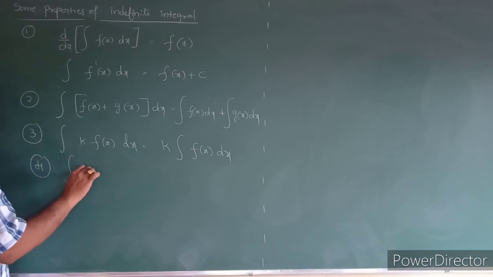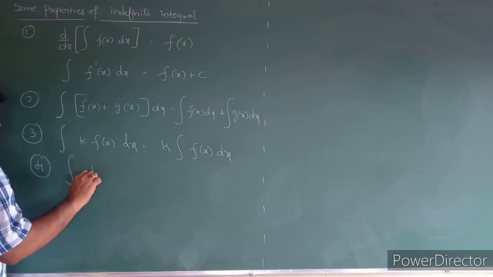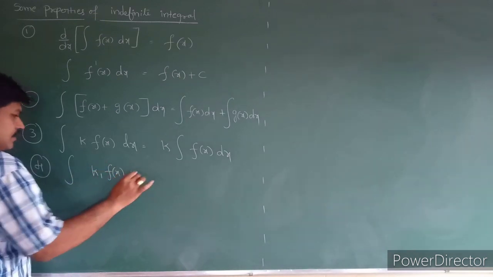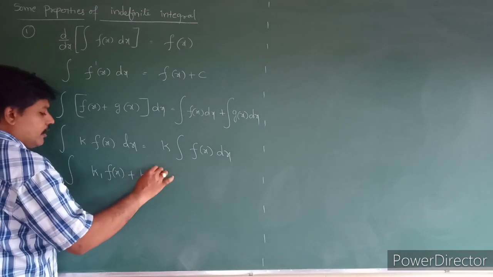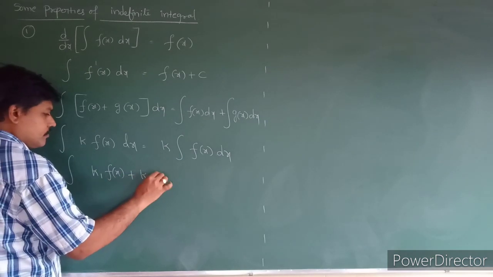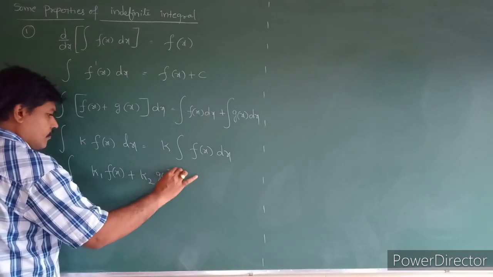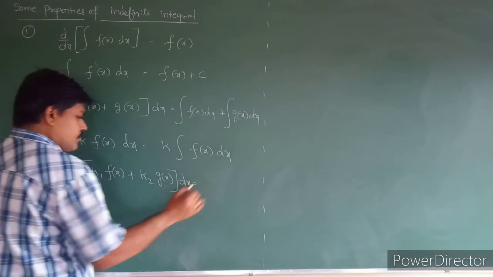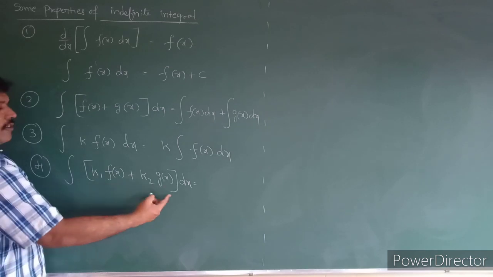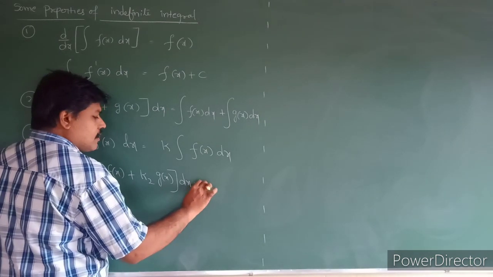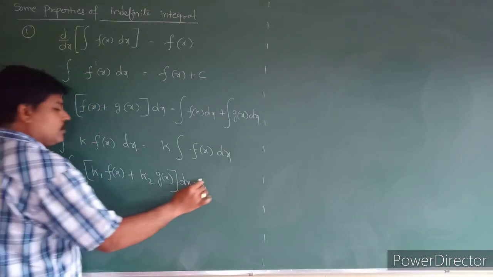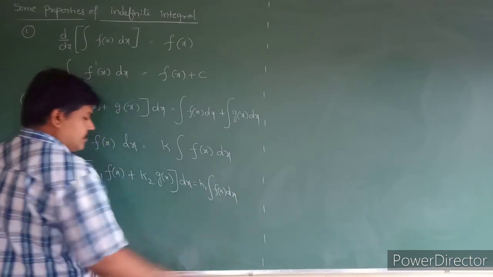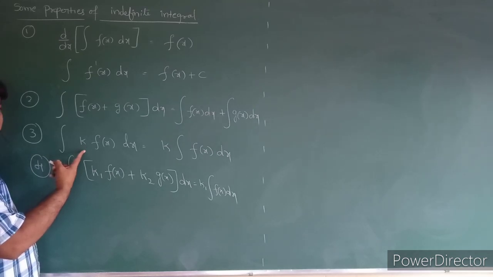the integral of k1 into f of x plus k2 into g of x into dx. It can be written as k1 into the integral of f of x into dx, where k is a constant.